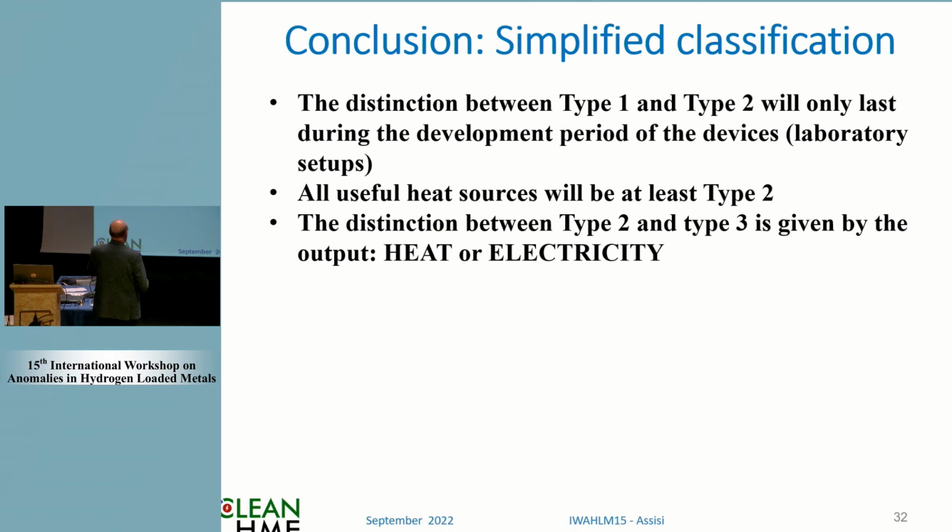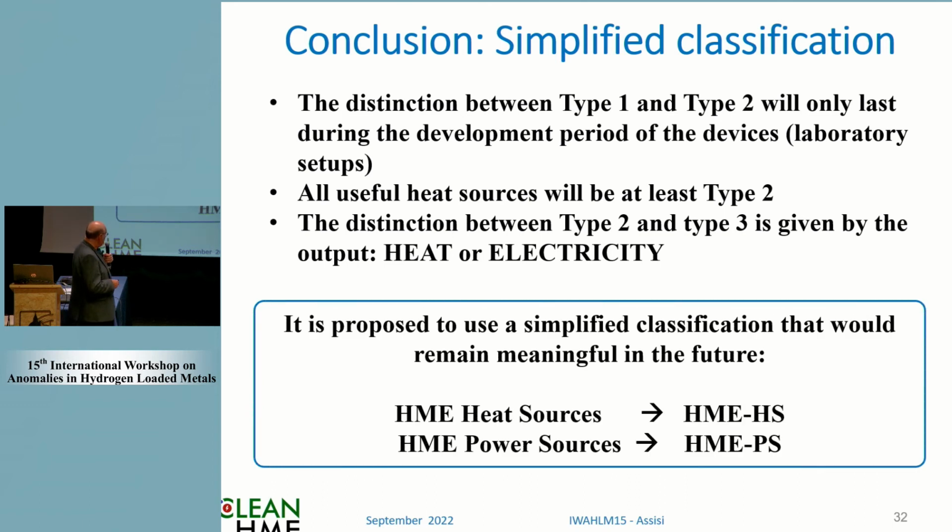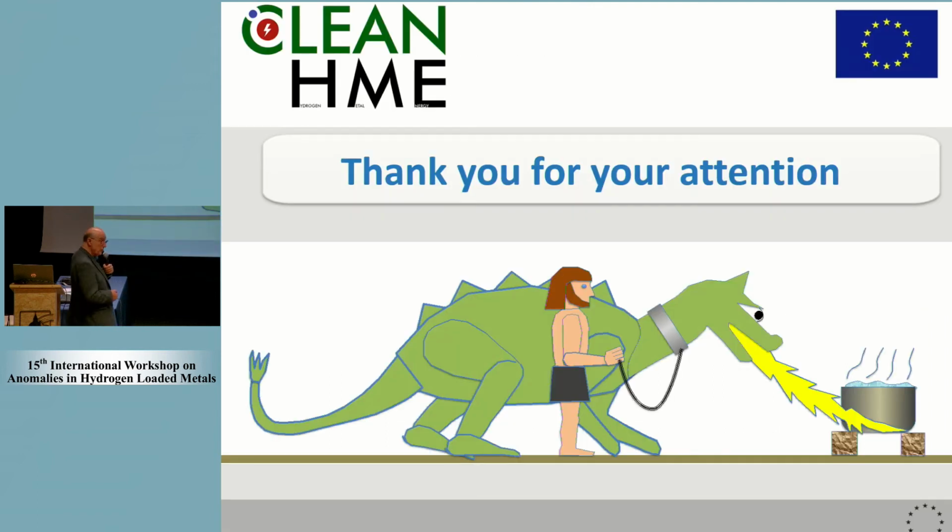And the distinction between type 2 and type 3 is given by this output, heat or electricity. What am I going to get, heat or electricity? So, most probably, the classification will be simplified in the head of people as heat sources or power sources, you know. And maybe it's not forbidden to find better names for the same thing.